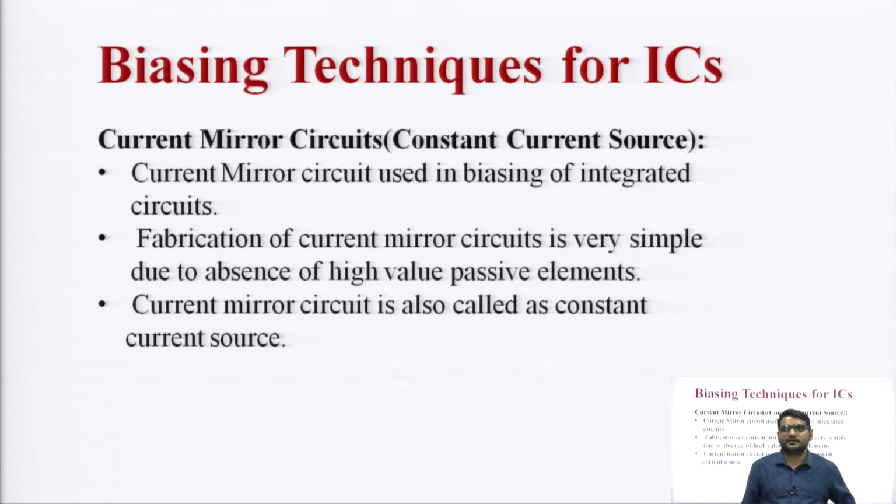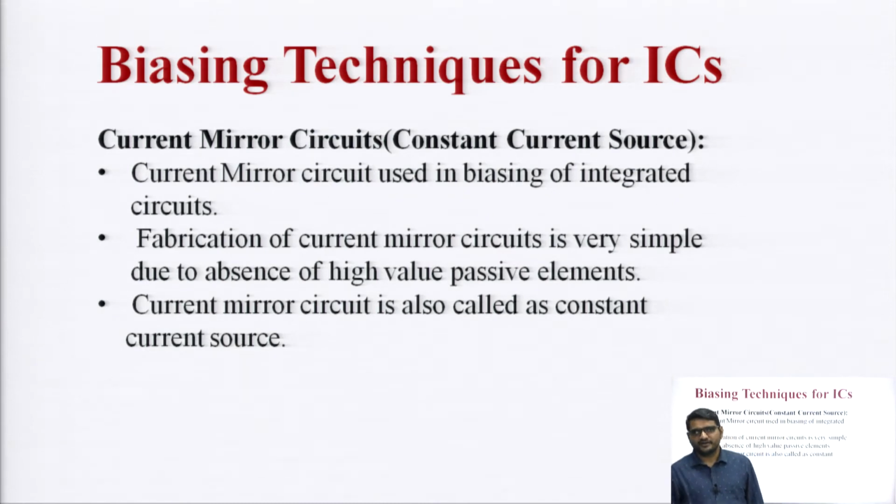What is the purpose of the current mirror? The current mirror is used for the biasing of integrated circuits. Fabrication of a current mirror is very simple, because of the absence of high value passive elements, that is the resistor, capacitor or inductor. The current mirror is also called a constant current source. We will later see why it is called a constant current source.